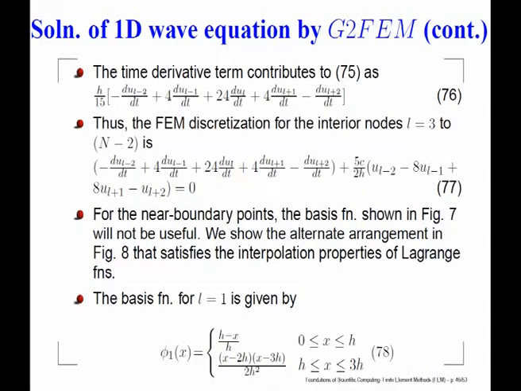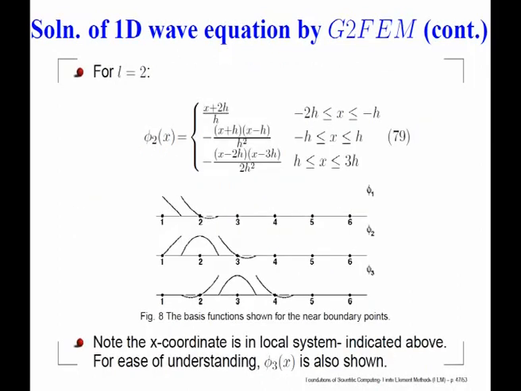Now you will also have to do something more for the near boundary points, right. Near boundary points are a little trickier, because you will have to mix first and second order elements, otherwise you will not be able to close it. And we have shown here, for example, how we are going to handle the near boundary points.